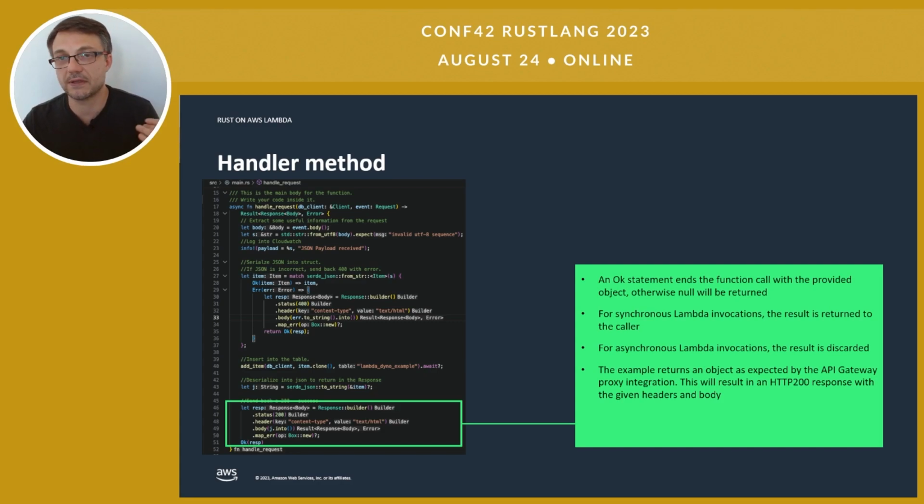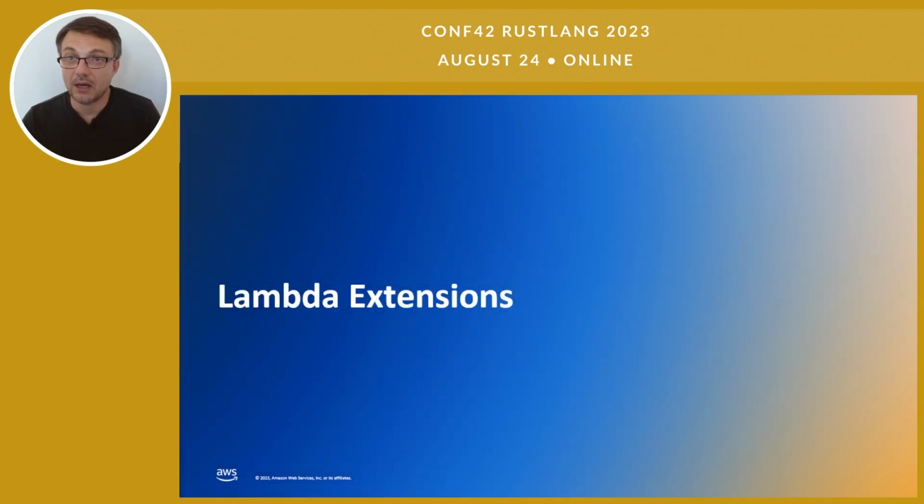If it's asynchronous, then you can return something, but you can also return an empty OK response, because for asynchronous invocations, the Lambda runtime won't forward any data back to the caller. This is a quite good thing, and you can build your business logic with Lambda functions.